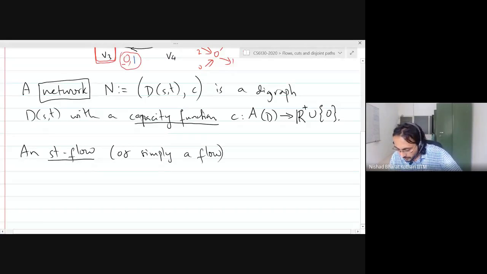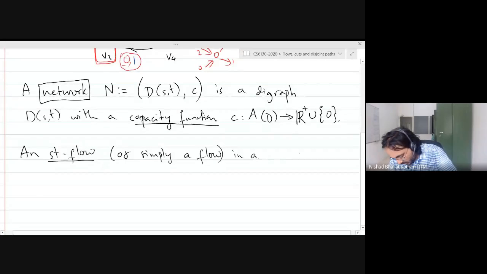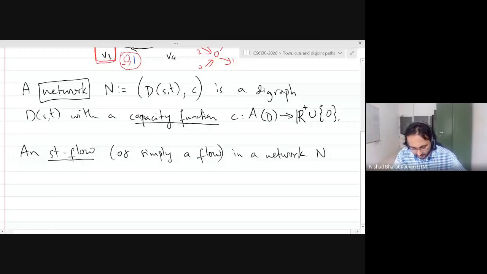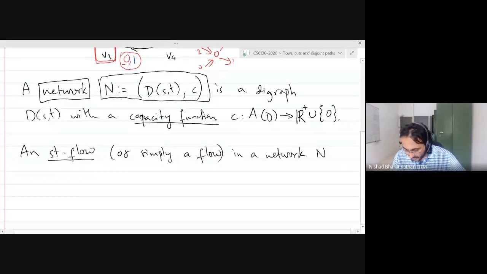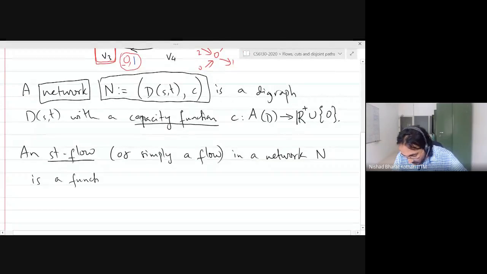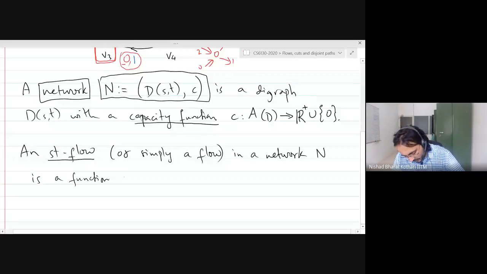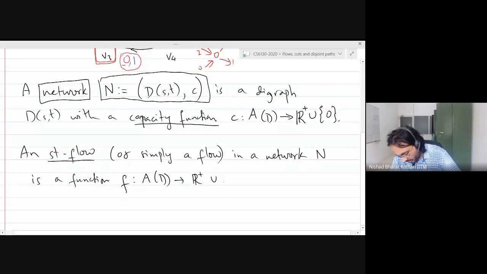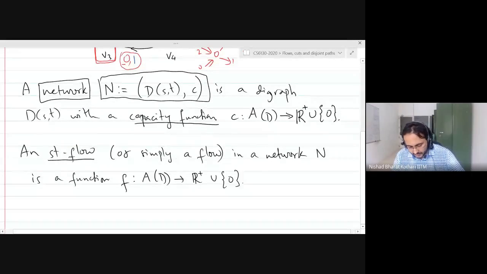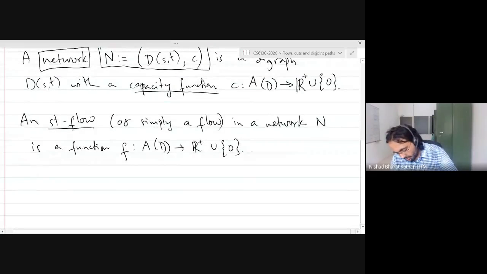An ST flow in a network N, as defined above, is a function f from the arcs of the directed graph to non-negative real numbers that satisfies the following constraints.